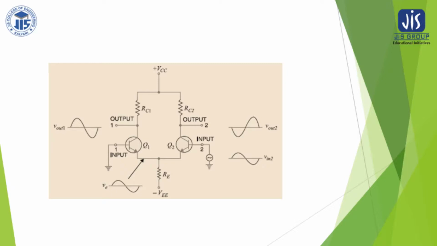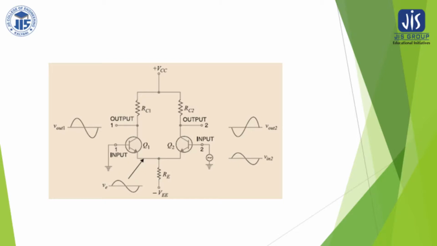Now for this differential amplifier, there are four types of operation possible. That is, either we can apply one input, that is V1 and V2 are same, that is called single-ended input, and at that time we can collect output from one of the transistors or the difference between the two transistors. So that is called single-ended input, single-ended output, and single-ended input, differential output.